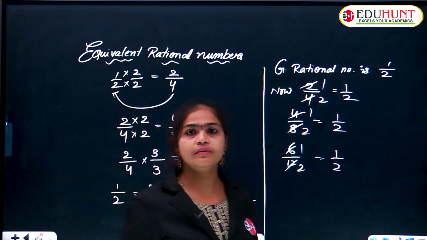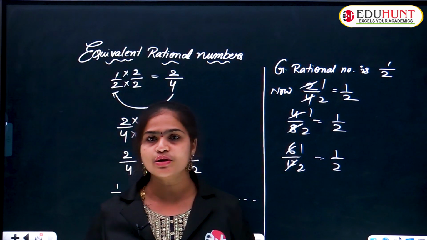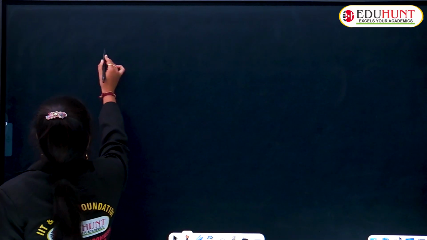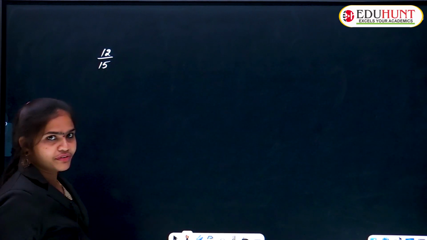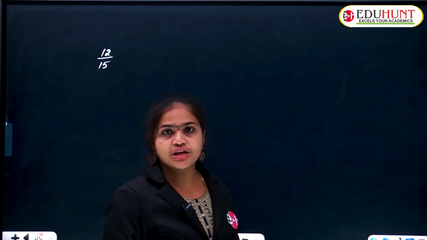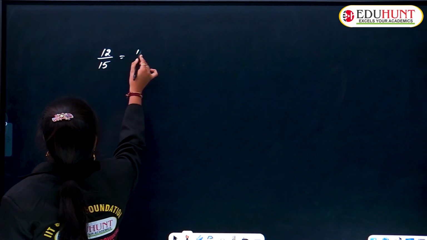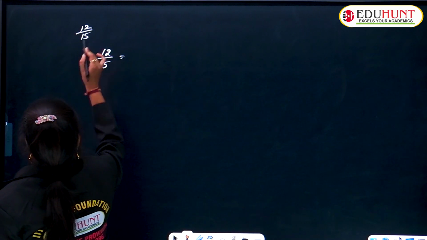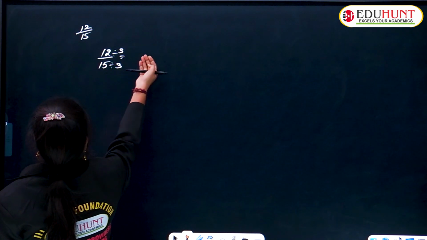Not only by using multiplication, we can also do it by using division. How can we see that? By using division, for example, 12 by 15. What is the equivalent rational number of 12 by 15? Here I want to divide: we took the rational number as 12 by 15. 12 divided by 3, 15 divided by 3.